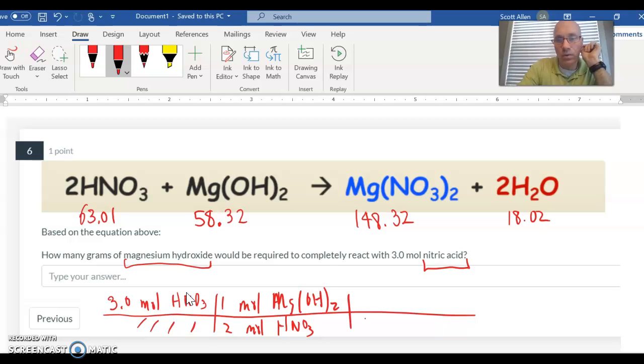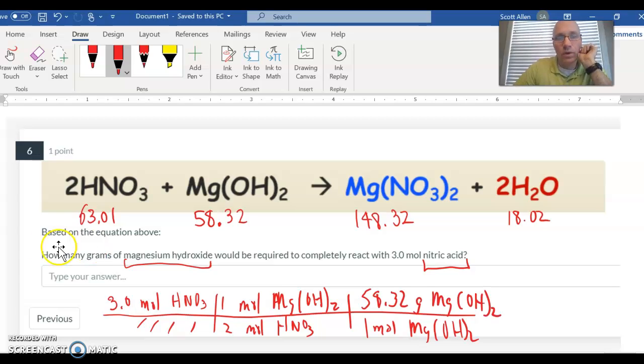Then we need to go from 1 mole of magnesium hydroxide to grams of magnesium hydroxide, and we can get that relationship from the molar mass right here.